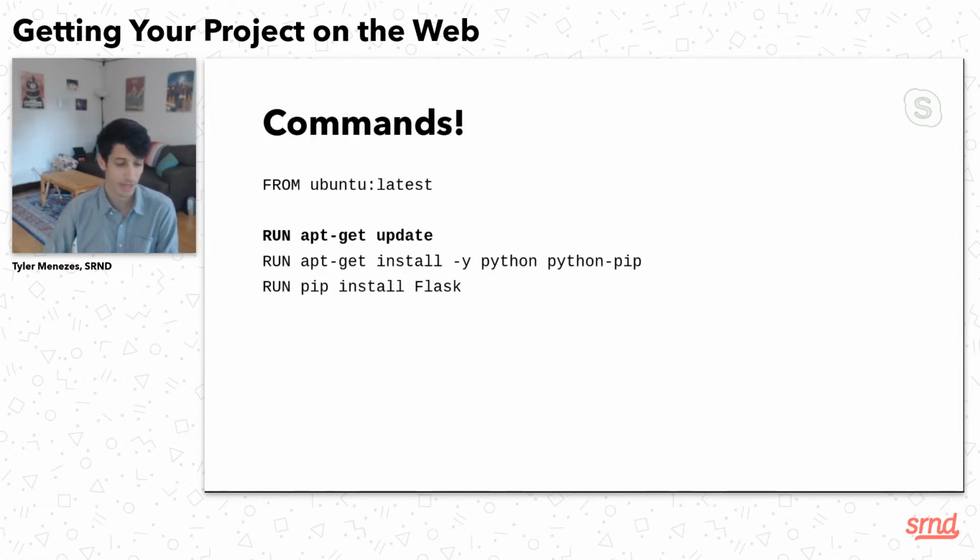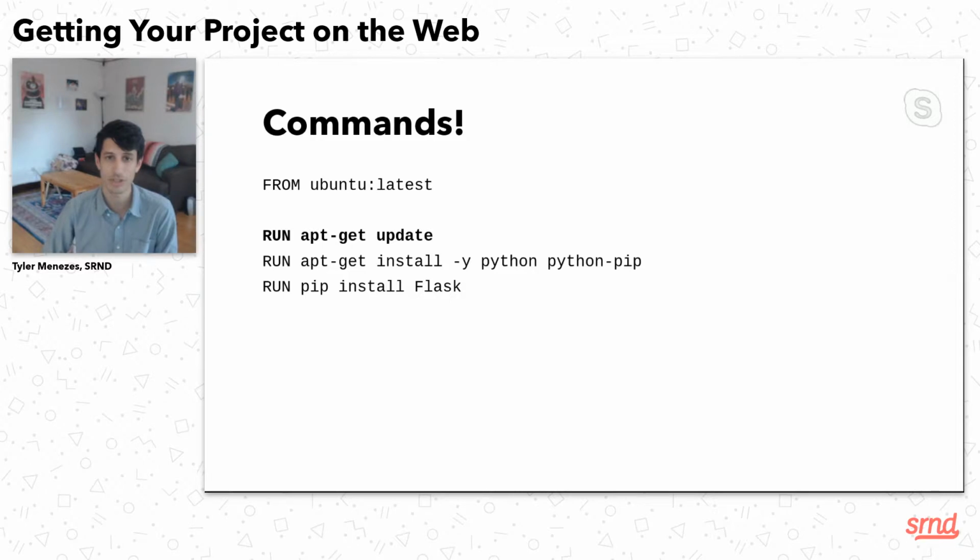The next thing that we're going to need to do is install certain packages. And so if you're familiar with Linux, you might have seen some of these commands here. If not, that's totally okay. But the first thing we're going to do is say run. So it's going to be run right over here: apt-get update.